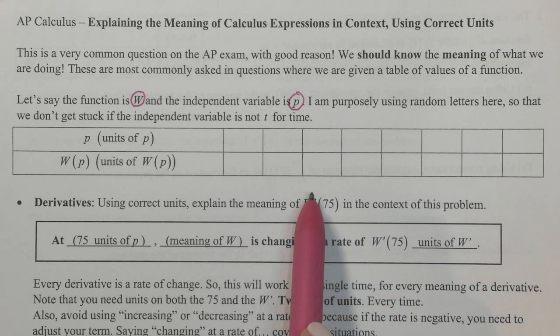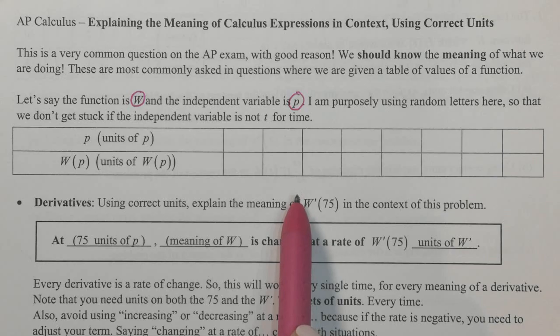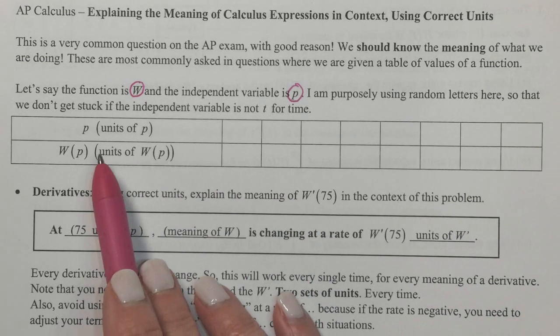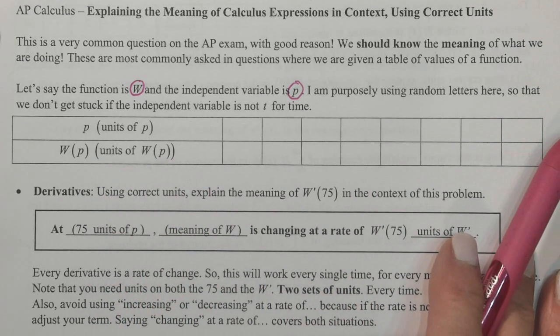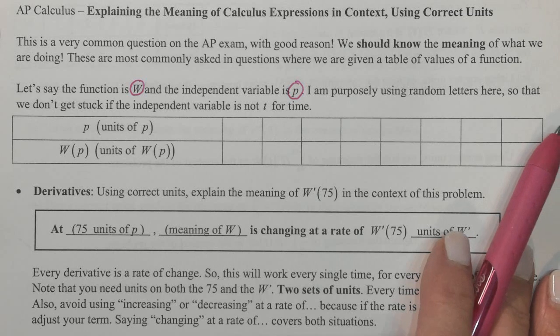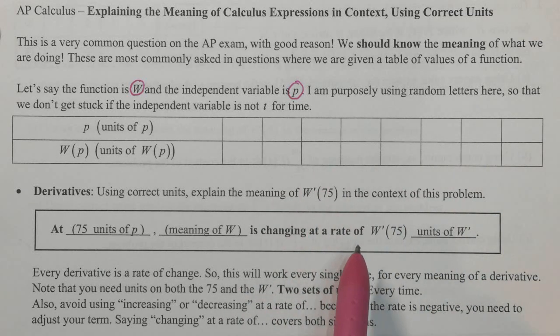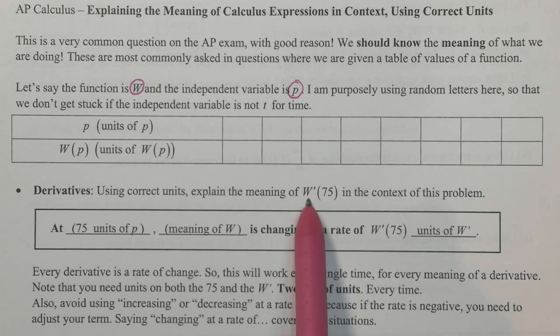You could be asked to approximate a derivative at a specific p-value. There are lots and lots of things that they could ask you when they give you a table of values. One of the things that's common is for them to ask you what it means. What does that derivative mean? What does that integral mean? So approximate that derivative and then give the meaning of it.